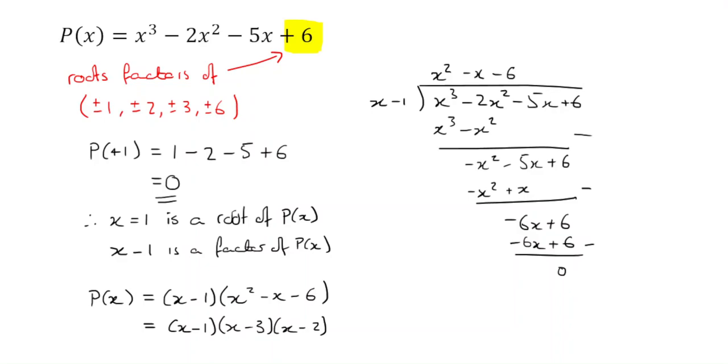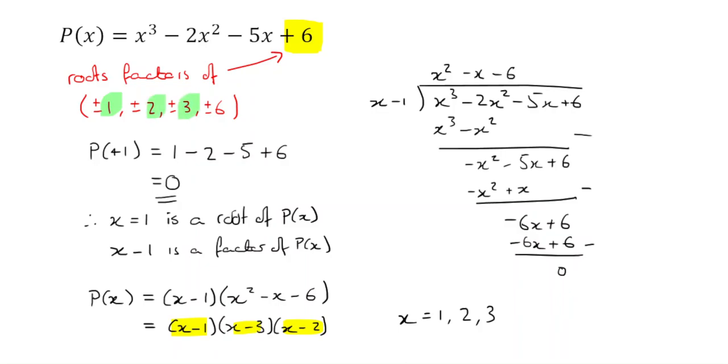So we now know that the polynomial here has got 3 different factors: x minus 1, x minus 2, and x minus 3. And of course, that means that the roots of this particular polynomial are x is equal to 1, x is equal to 2, and x is equal to 3. And you can see that that is right because that's what we anticipated earlier, that the roots would be factors of 6, right? 1, 2, and 3.